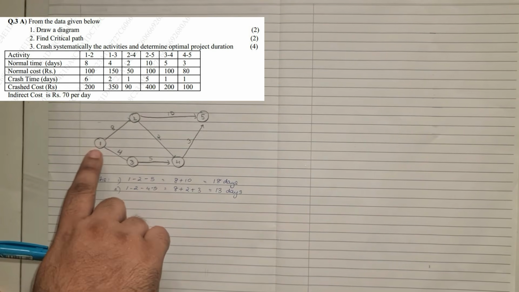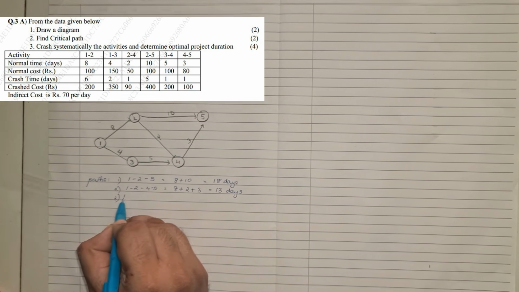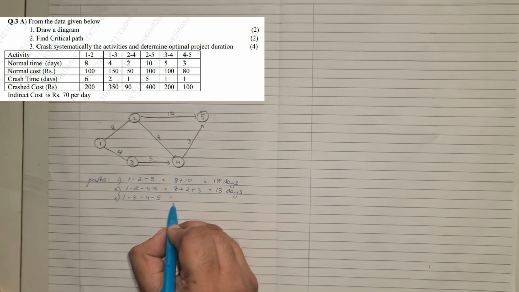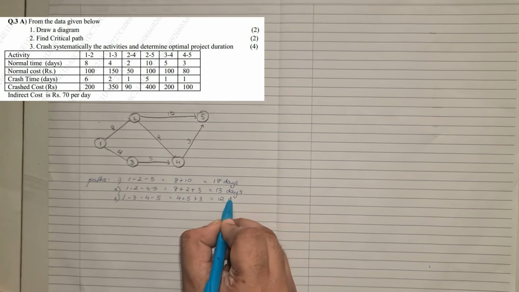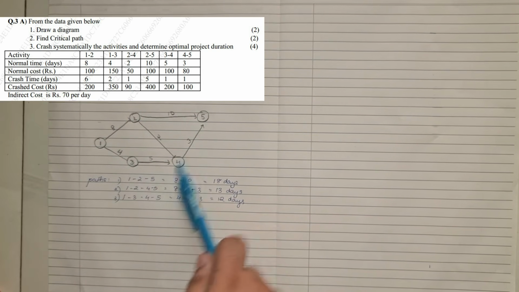The next one is 1 3 4 5, with durations 4 plus 5 is 9, plus 3 is 12. Let us check if there is any other path available. So these are the three: 1 2 5, 1 2 4 5 and 1 3 4 5.